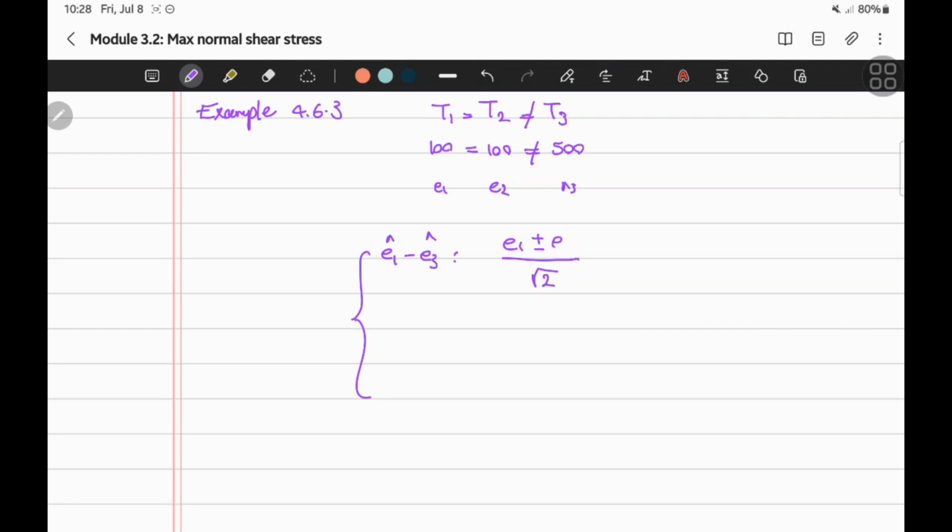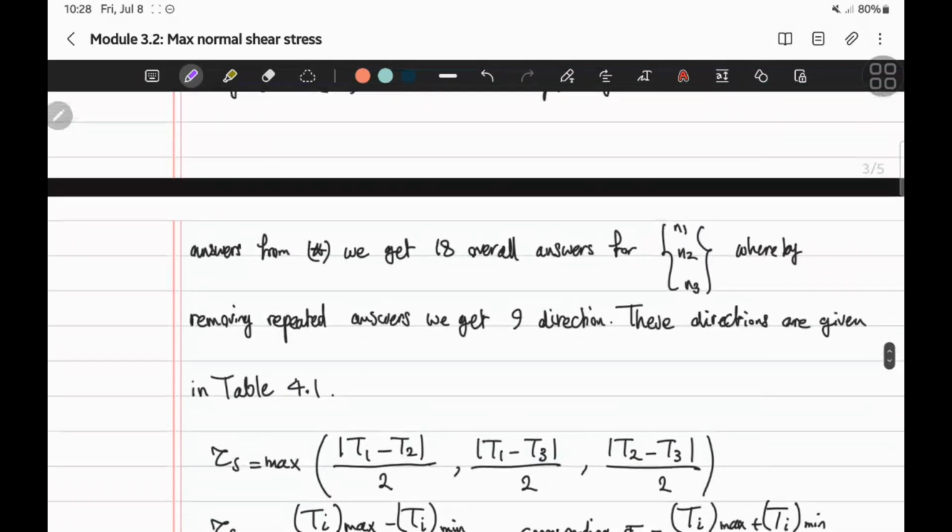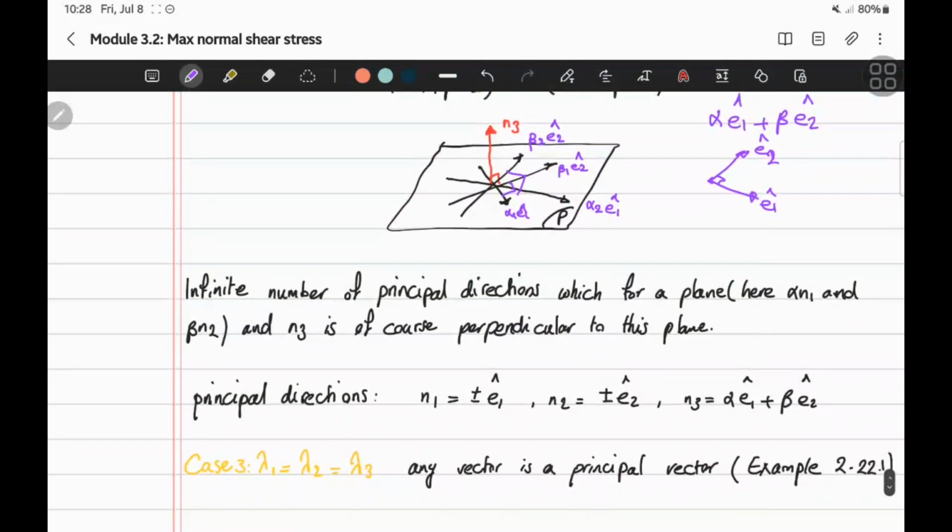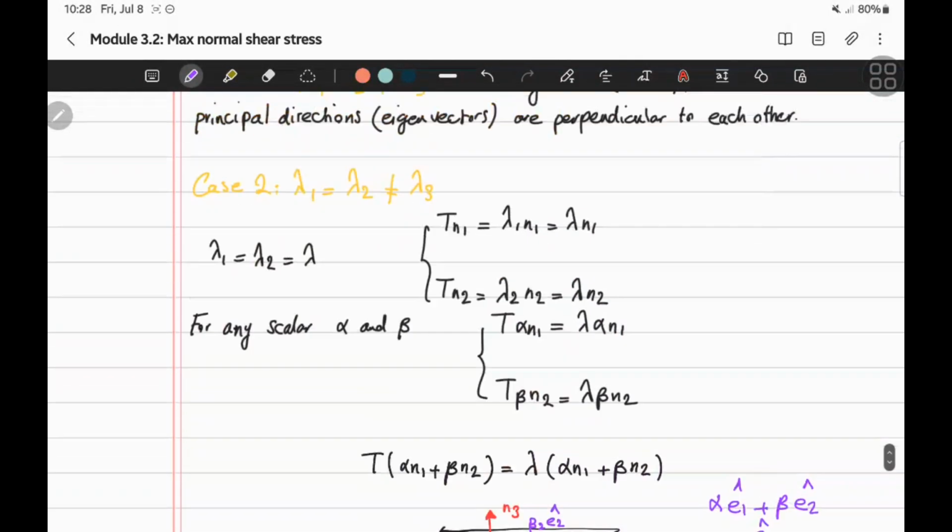And here, you can use E3. It's better because we want to mention everything in unit vector, because we need to say that E3 squared plus E2 squared is equal to 1. And here we put plus minus because we already mentioned that if you have a plane like this one, this is positive, and it could have a negative direction as well.